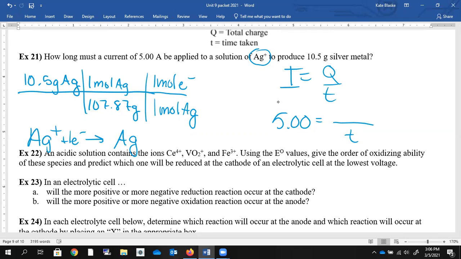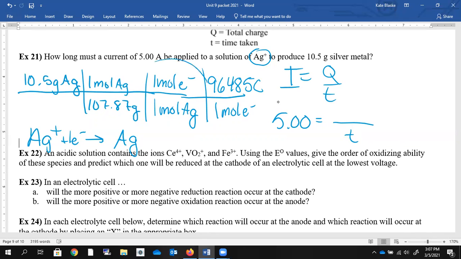And then we've got that Faraday's constant, which connects how much charge there is per mole of electrons. So 1 mole of electrons is 96,485 coulombs of charge. So for example, if this had been aluminum instead of silver, aluminum +3 going to aluminum metal, then that means we would have to transfer 3 moles of electrons to make this work. If it was lead +4, we'd have to transfer 4 moles of electrons.